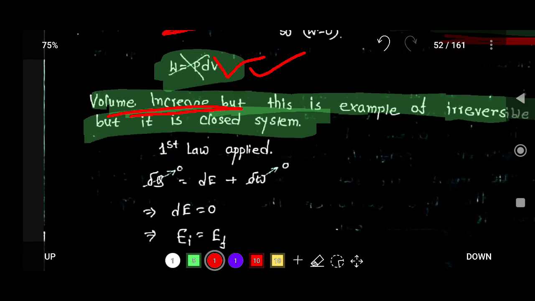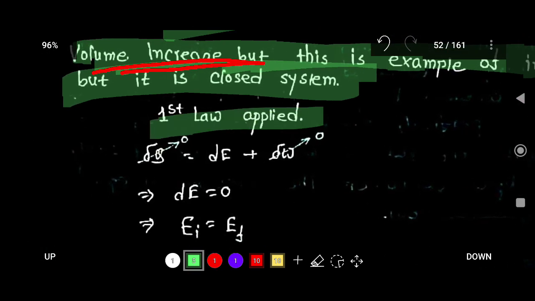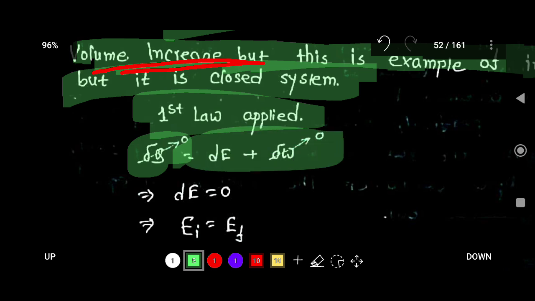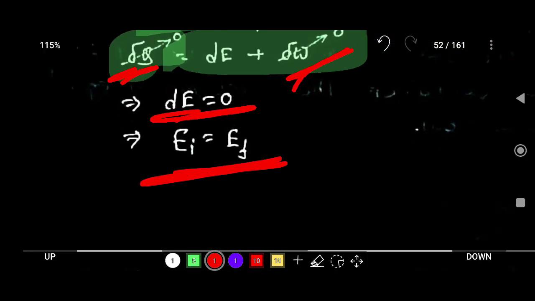Now if you apply the first law of thermodynamics, del Q is equal to dE plus del W. W is equal to 0 and del Q, the amount of heat transfer, is equal to 0. From here you get dE equal to 0, so initial energy is equal to final energy.